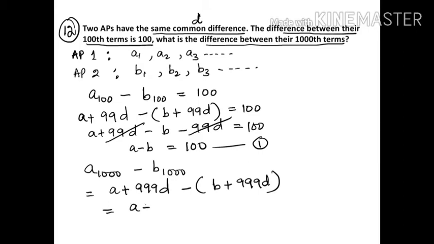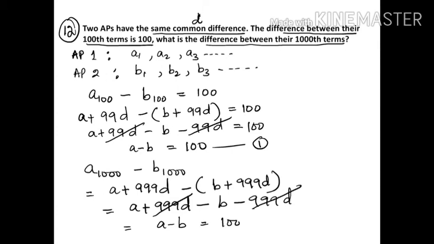Opening the brackets, A plus 999D minus B minus 999D. So the D term gets cancelled and we are left with A minus B. But from equation 1, A minus B is 100. So the difference between the 1000th term will also be 100.